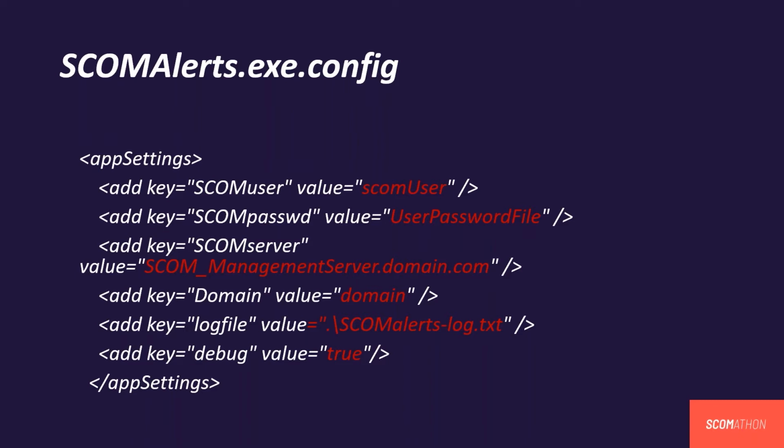The SCOM server is the management server where you want to connect to generate the events and alerts. The domain name, as well as the log file location and whether or not you want debug to be set to true or false. So the settings are pretty straightforward and fairly simple to get created and get going.